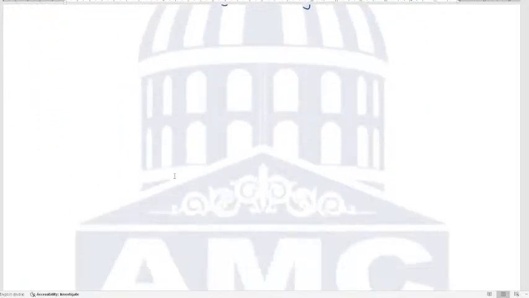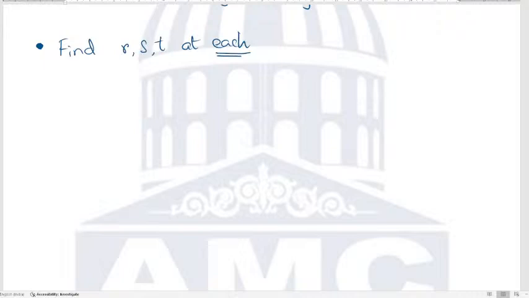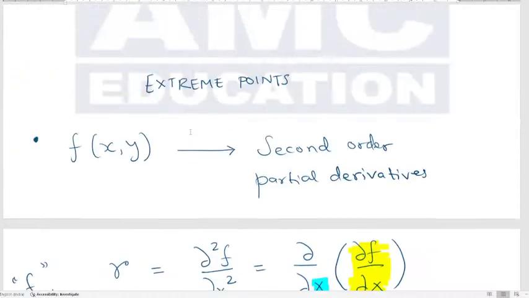Now, once we have found these values, we will find r, s, t at each of the extreme points. At each of these extreme points, you remember (x1, y1), (x2, y2), these are the extreme points.